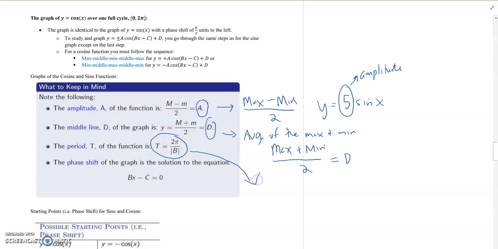The period, we call it the period T. T equals 2 pi over B. So if you know B, you can find the period. In a basic sine graph, B is 1, which is why the period's 2 pi.